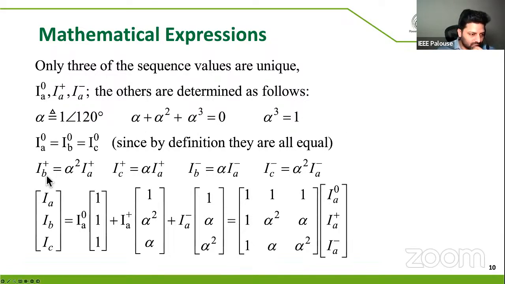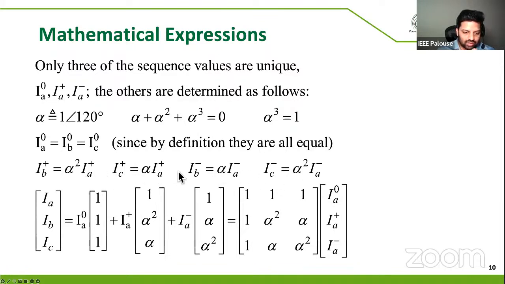If we try to write the IB positive sequence component in terms of the IA positive sequence component, we have to multiply it by alpha square. So we are rotating the phasor by the exact same magnitude by 240 degrees in this case. And likewise, for the IC phase, we are rotating 120 degrees. Likewise for negative sequence components.